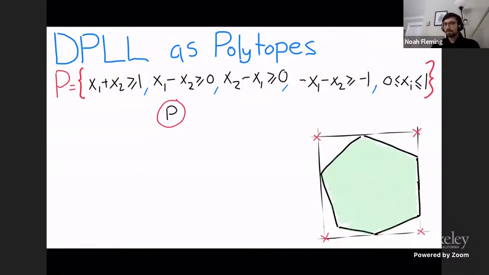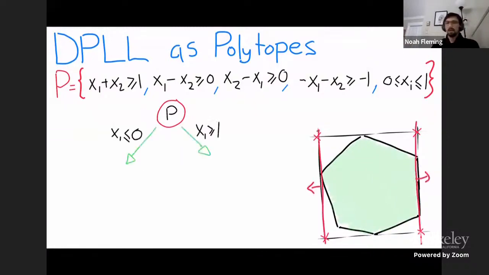So DPLL in this world corresponds to picking a variable and branching on whether that variable is less than or equal to 0 or greater than or equal to 1. Because we have these Boolean constraints saying that each variable is between 0 and 1, this is the same as restricting to whether that variable is equal to 0 or equal to 1. And here in red, you can see the action that this query does on the polytope. Let's go down the left path, where we've restricted to the left half space.